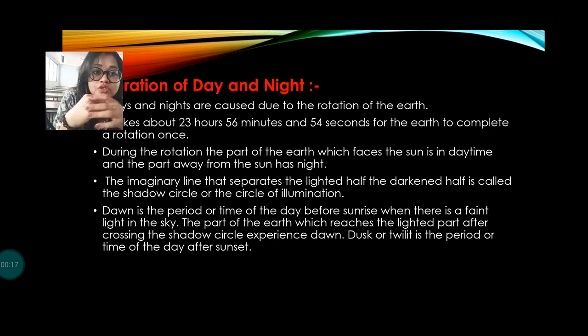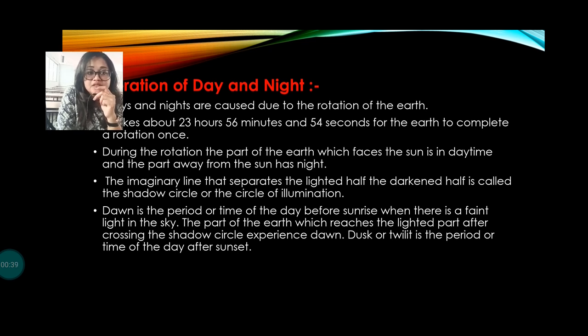So, rotation. Due to the rotation of the Earth, there is an effect like the formation of day and night. Day and night are mainly caused by the rotation of the Earth. As you know, one complete rotation of the Earth takes 23 hours 56 minutes and 54 seconds.